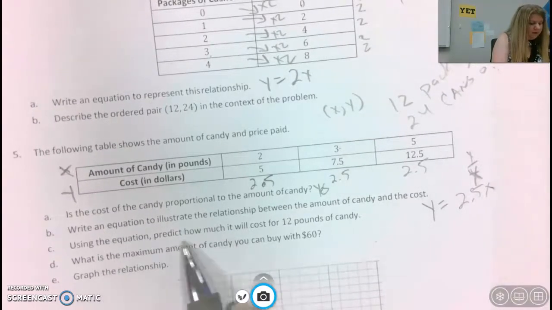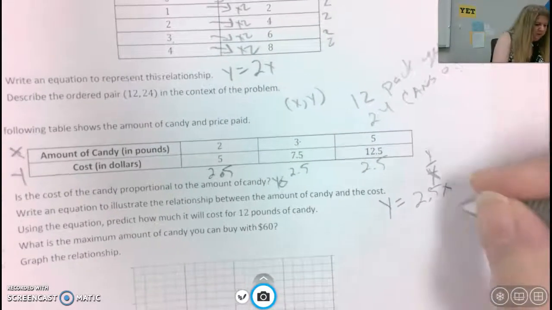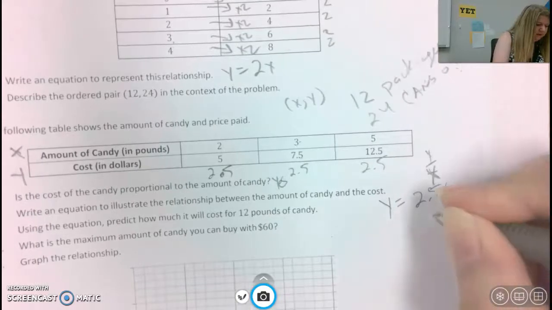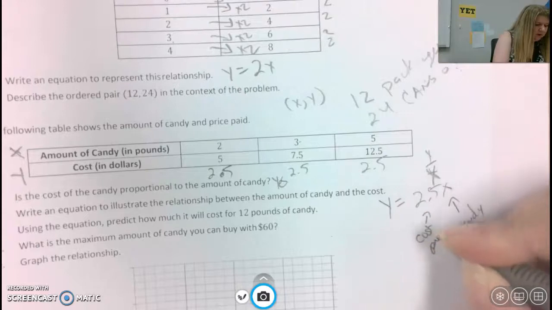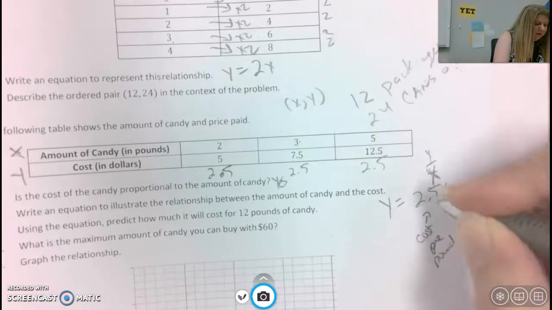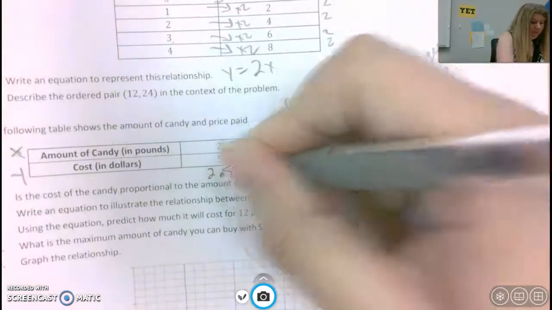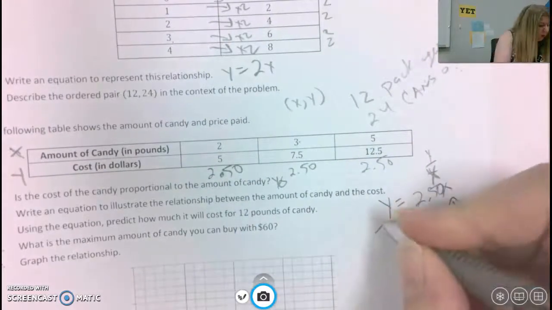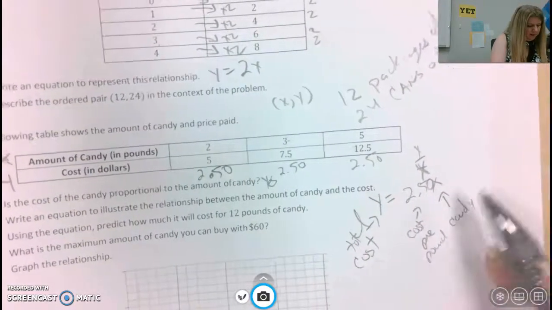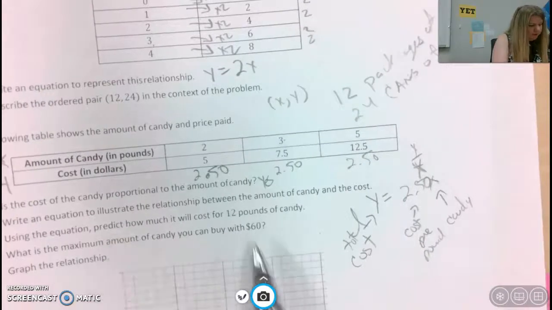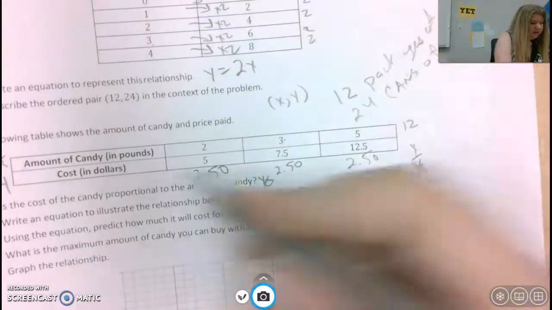Using the equation, predict how much it will cost for 12 pounds of candy. So let's put our labels to make this real easy. So that's candy. This is the cost per pound of candy. Should probably put an extra 0 there since it's money. Okay, and then y is the total cost. Okay, so what's it say? Predict 12 pounds of candy. So I'll replace x because that's where the candy goes.